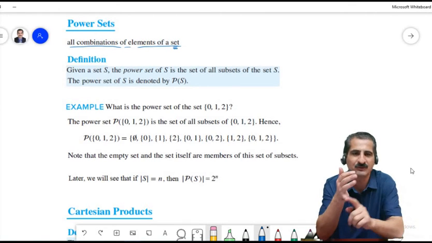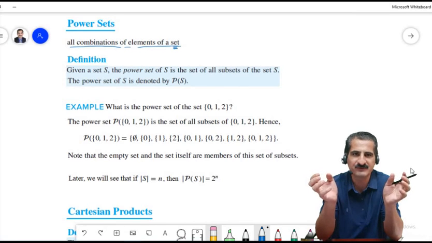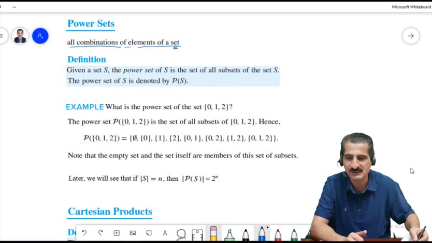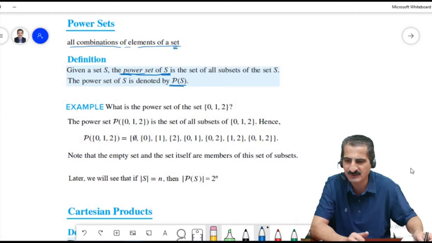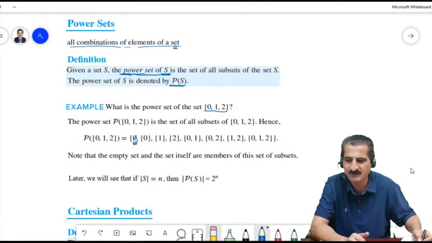Either take no element, or take a subset consisting of 1 element, or 2 elements, or 3 elements, or 4 elements from the elements of the set. All these combinations together, the collection of subsets, will be defined as the power set of S, and there is a reason to call it power set, and we will see. Assuming we have the set {0, 1, 2}, all combinations will be phi, which means I take nothing.